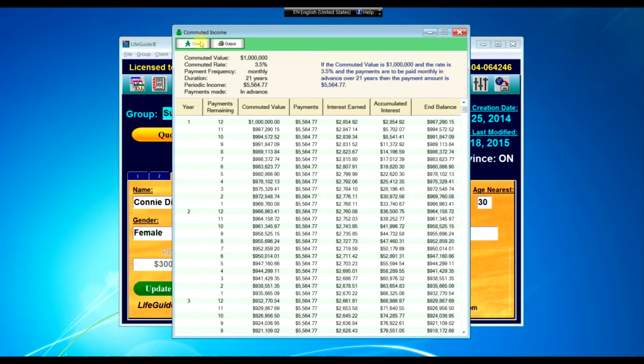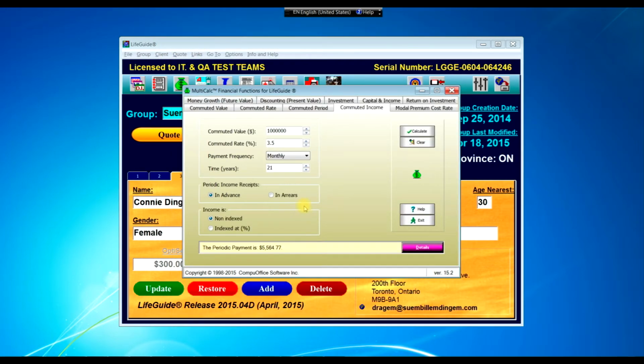Let's close this and go back here. If we say we want the monthly payments indexed, in other words, to keep pace with inflation, and let's say inflation is going to be 2.5%, then at 2.5%, it's instantly calculated for you. The monthly payments will be $4,384.75.